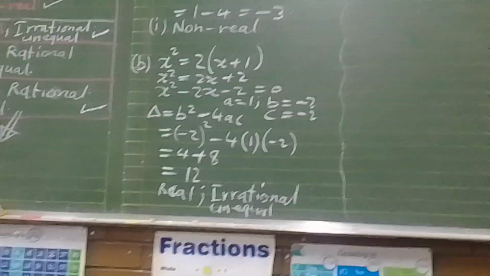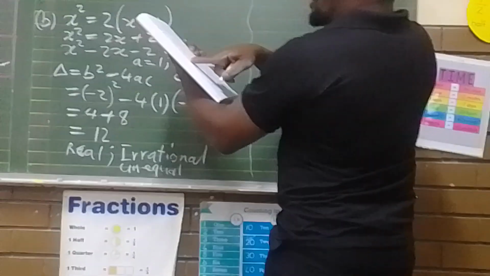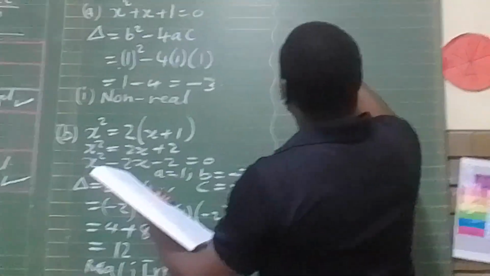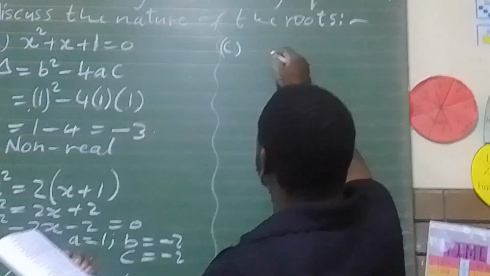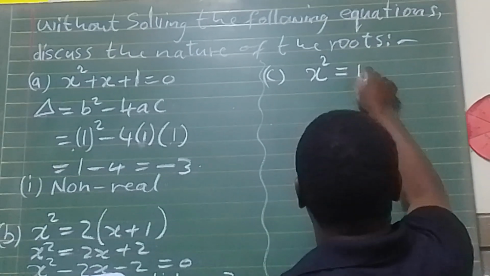Right, let's grab another one. Let's check this. X squared is equal to 4x. Just like that.